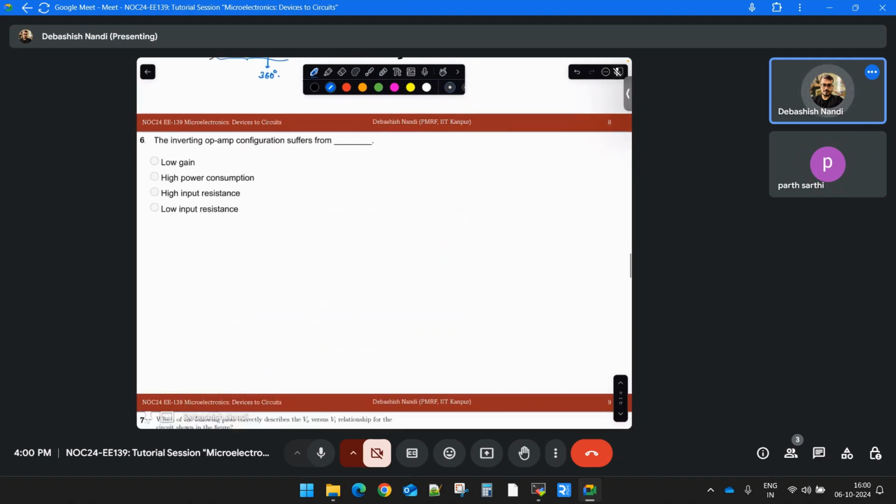So let's move on. Can you answer this question? The inverting op-amp configuration suffers from. So low gain, is it a concern? No, sir. Because I can anyhow increase the resistance ratio, right? Yes, sir.